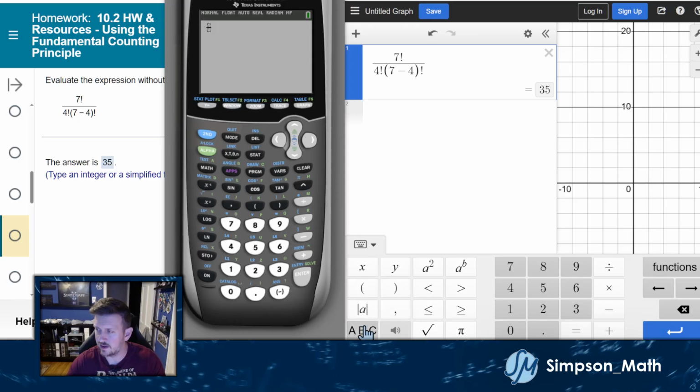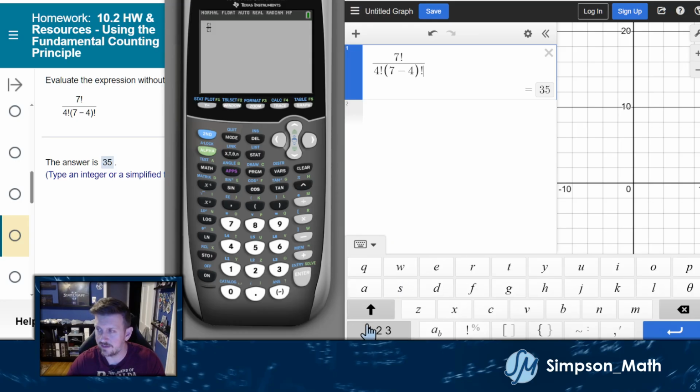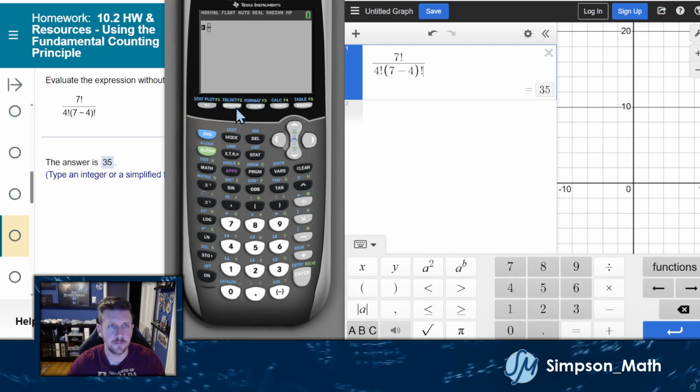So the on-screen keyboard that you cared about, that I needed to show you, was the ABCs here, and there's the factorial. All right, sorry about that. So in my numerator, I have my 7 factorial, alpha window 9, arrow down, 4, alpha window 9, open parentheses, 7 minus 4, close parentheses, alpha window 9.